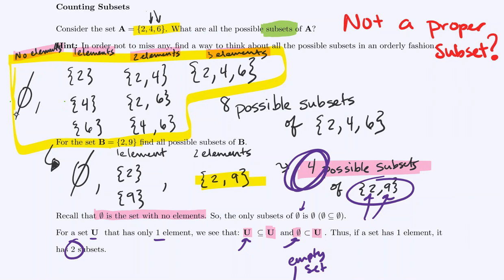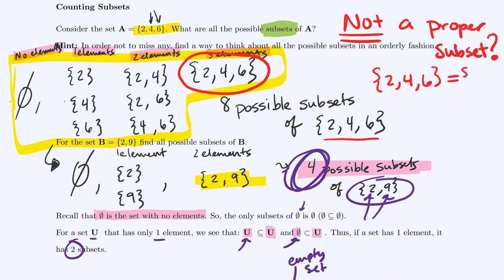What makes something not a proper subset is if it's actually equal to the set itself. So the largest subset, the set that's actually the set you began with, is not a proper subset because it's a subset that is equal to what you started with.